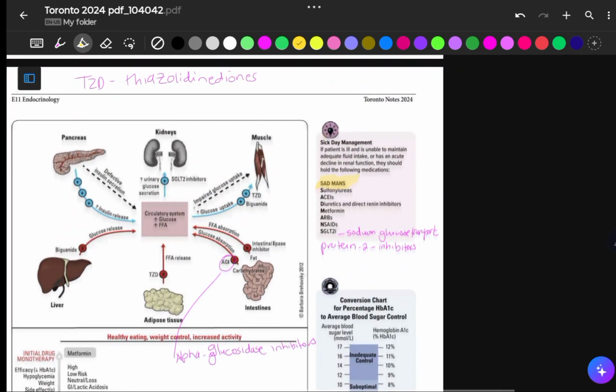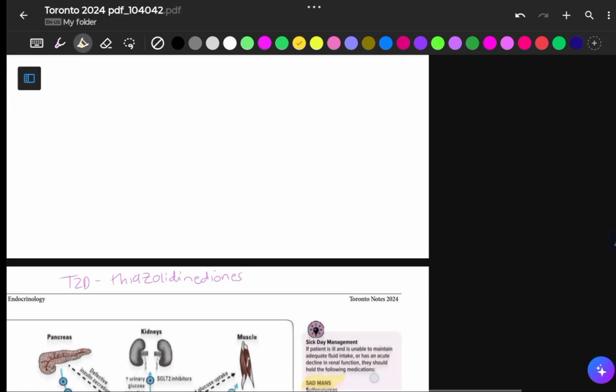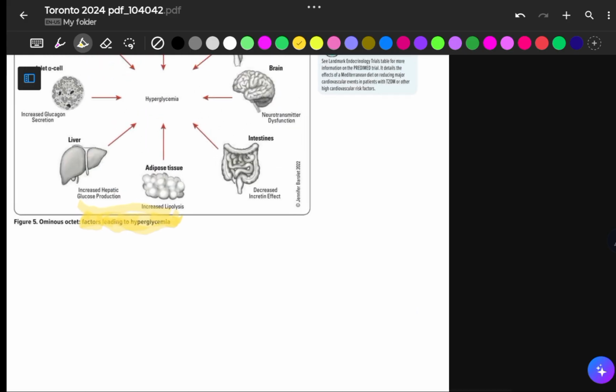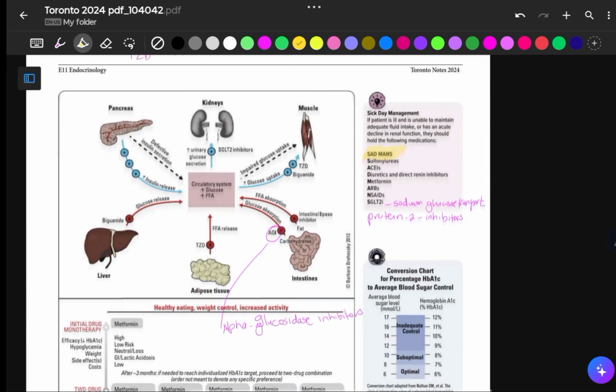Okay. So next, remember the intestines. What happens is that you have decrease in incretin effect. If you have decrease in incretin effect, that causes increase in hyperglycemia. So what do you want to do in the intestine? You want to block free fatty acid absorption, and you also want to prevent glucose absorption.